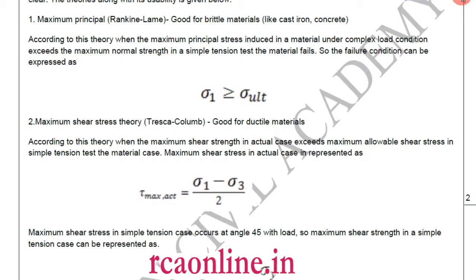When we do our complex loading, we get three values: sigma 1, sigma 2 and sigma 3. The magnitude of sigma 1 is greater than sigma 2 and sigma 2 is greater than sigma 3. We will remove the intermediate value, as we have done in geotech also, and only consider sigma 1 and sigma 3 and draw our Mohr circle.